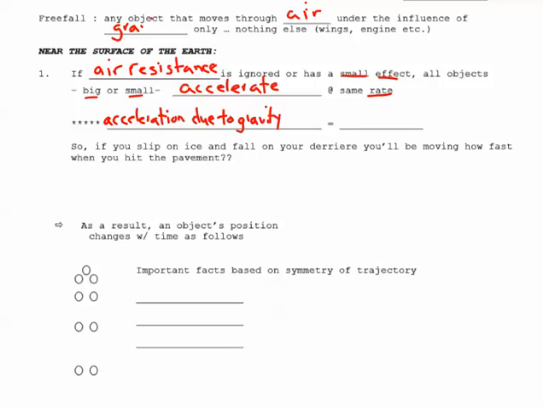Not gravity itself, but an acceleration. It has its own symbol, little g, and it's right in the front of your reference tables. Little g equals negative for down 9.81 meters per second squared, okay? And that negative, again, indicates a direction. You are always accelerating down, even if you're moving up, or you're moving down, or if you're even moving forward, which we'll eventually see if there's no other influences.